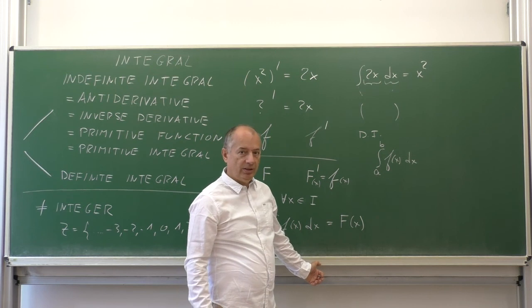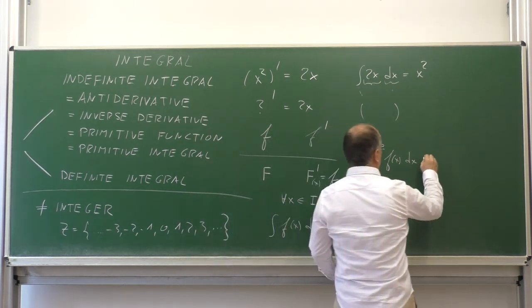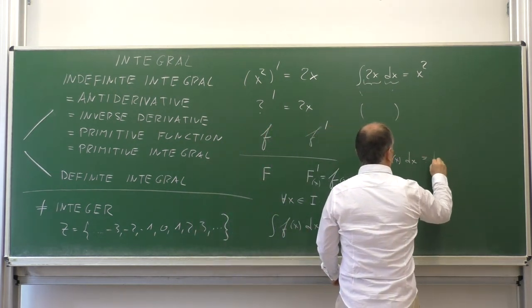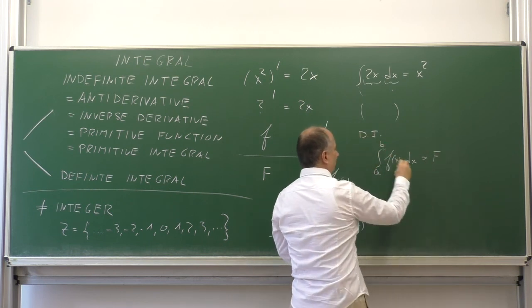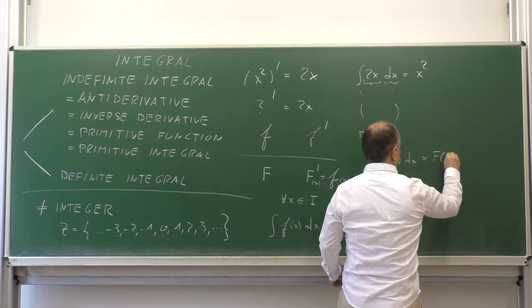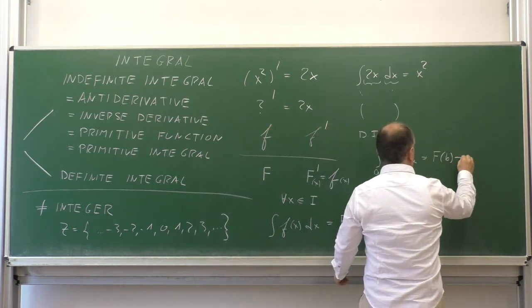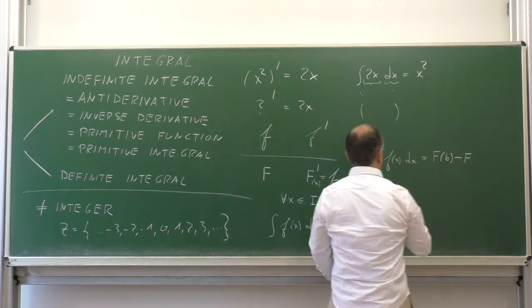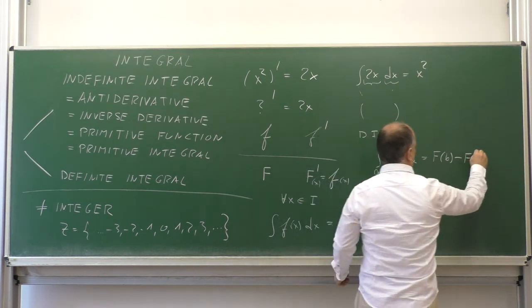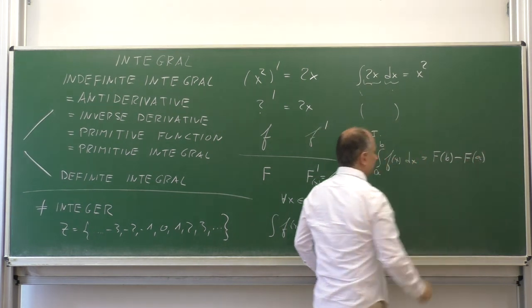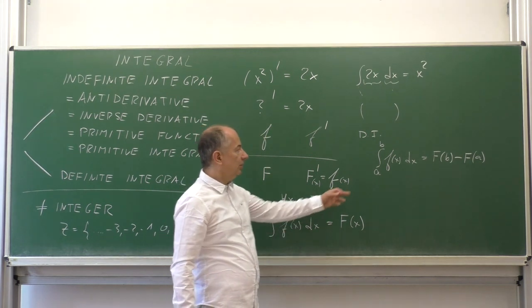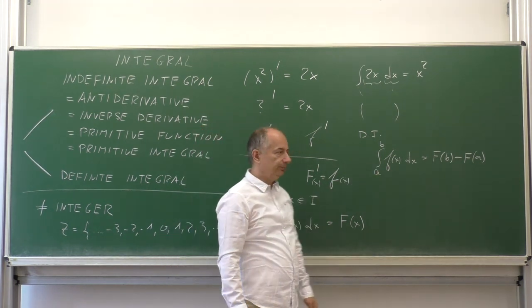And then by the definite integral we mean the antiderivative at this number, sometimes called upper limit, minus the antiderivative, capital F, at the lower limit. So this is the definition of the definite integral.